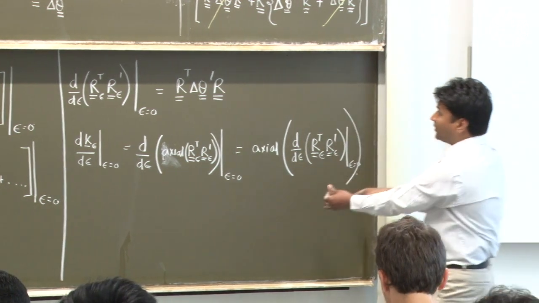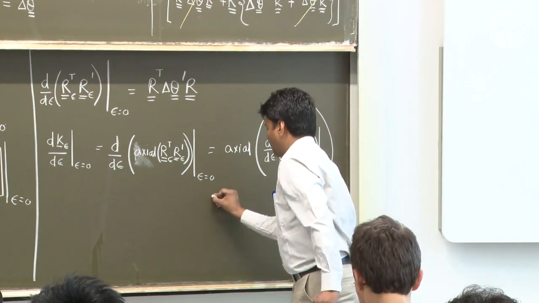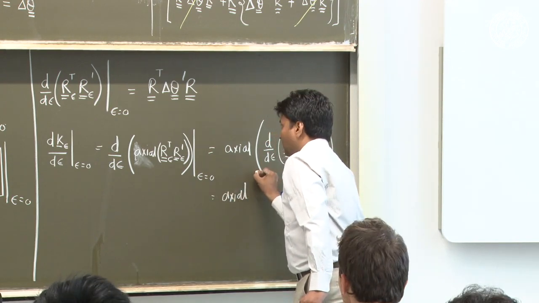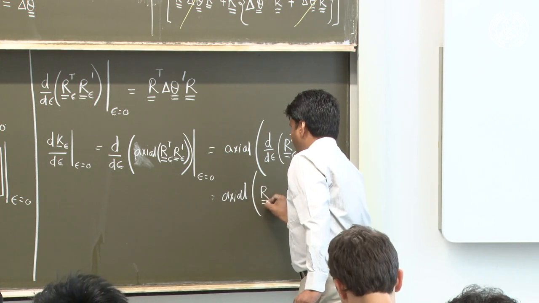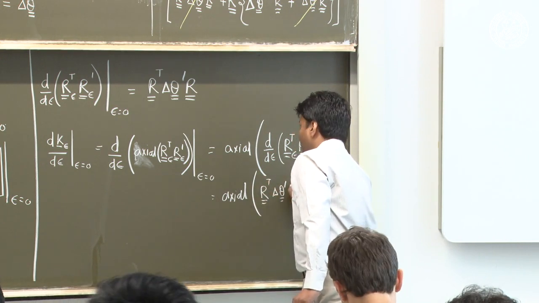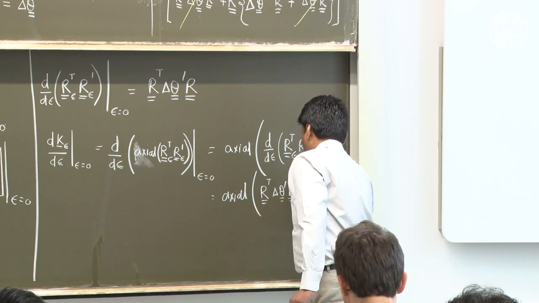But the thing inside the bracket, we already got it. So the same as axial of r transpose delta theta prime into r.